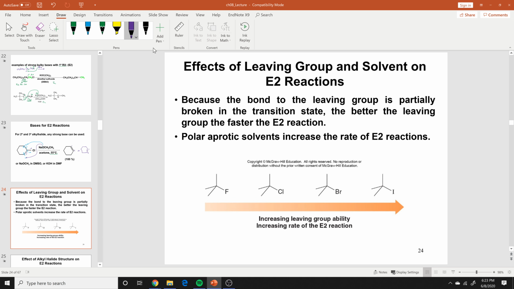So if I am comparing between these different types of alkyl halides having the same carbons, I would know that the alkyl halide that has an iodine as a leaving group is going to be way faster, proceeding faster in the reaction than the alkyl bromide, than the alkyl chloride, than the alkyl fluoride.